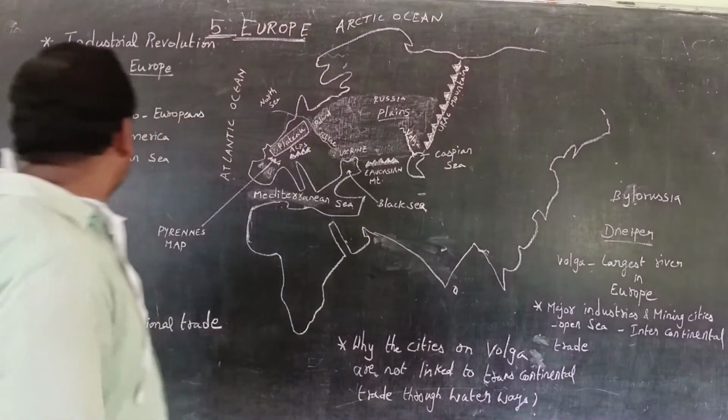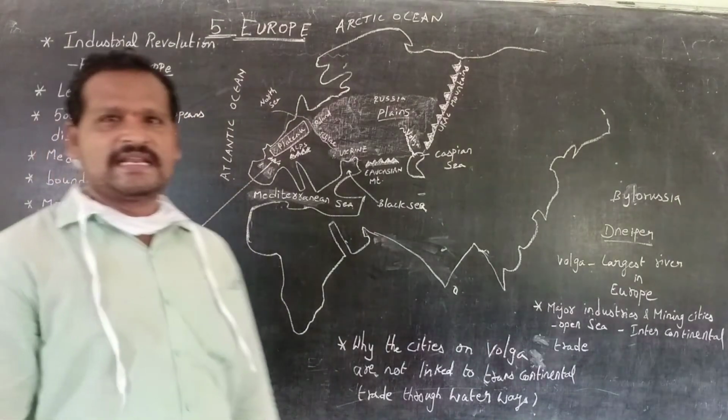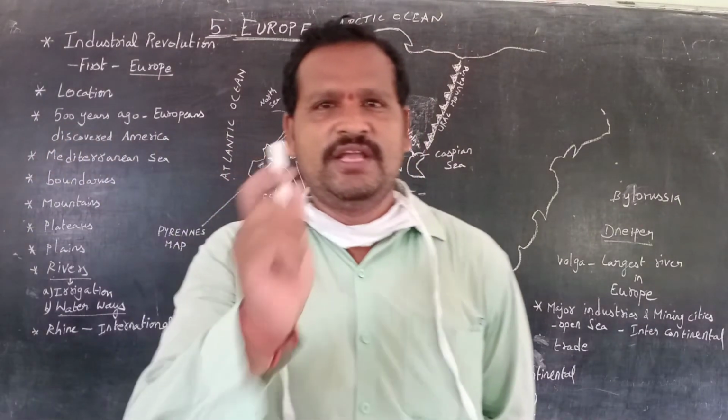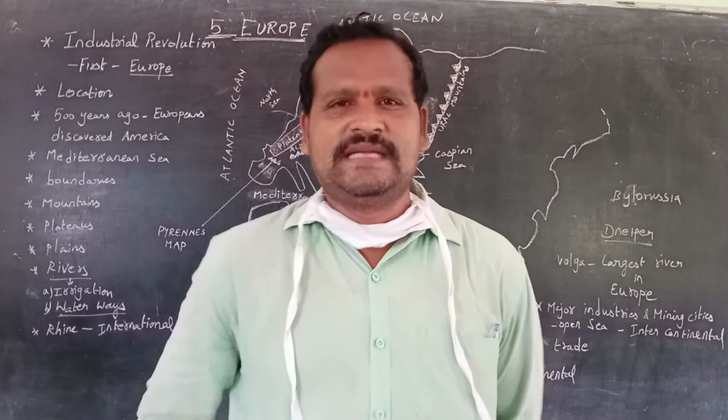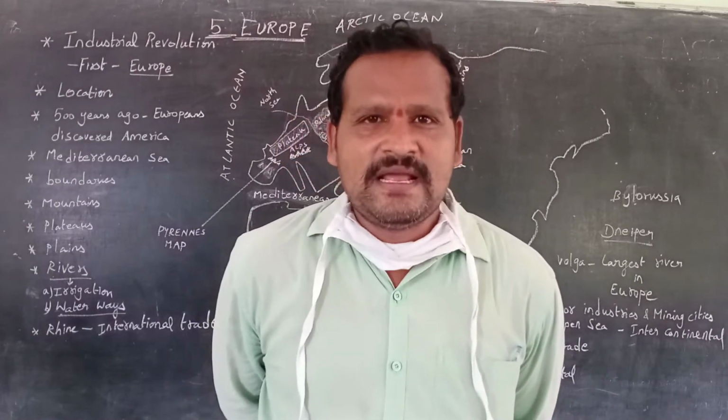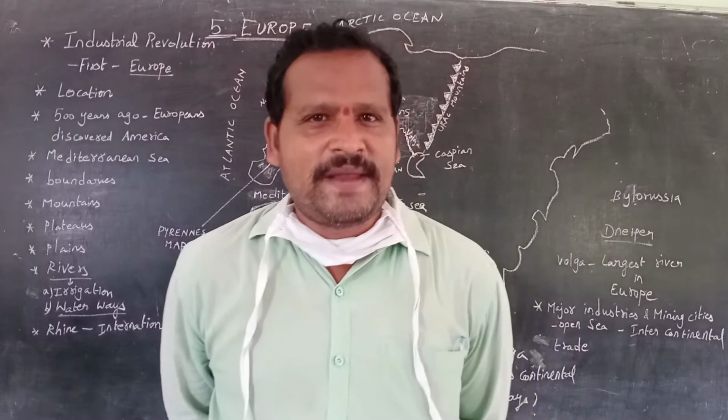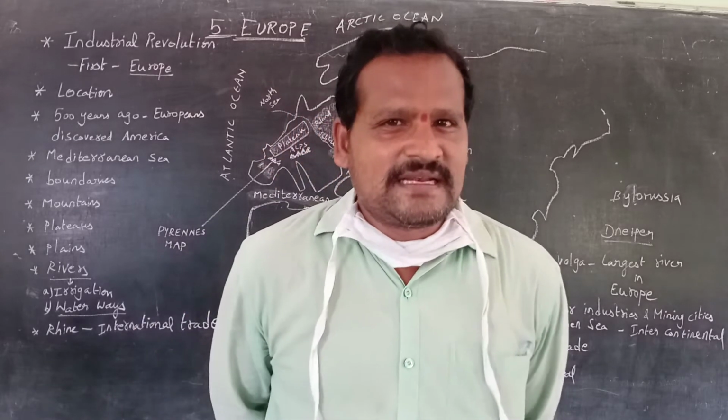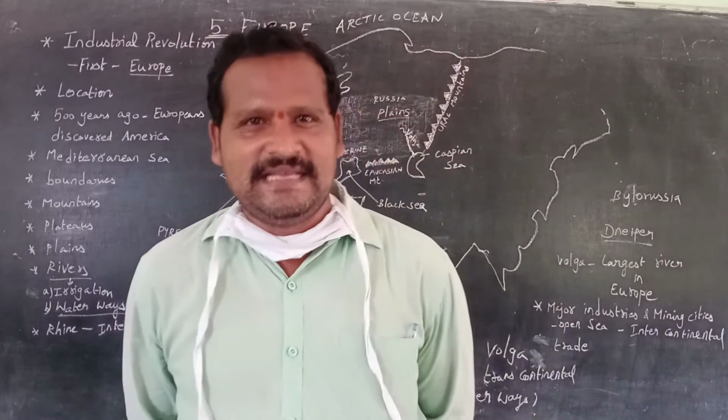Okay, children. Now, the first industrial revolution took place in Europe. This is an important bit, children. In which continent did the first industrial revolution take place? Europe. Yes, it is right.